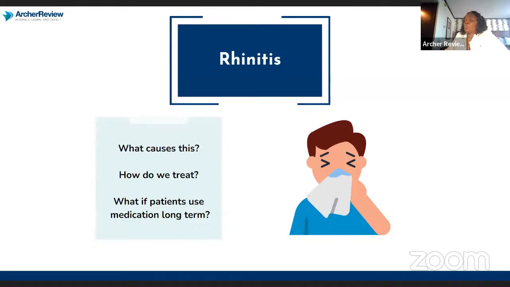If that doesn't work, we can move towards oral medications, still over the counter: decongestants like pseudoephedrine, and oral antihistamines, cetirizine, which is Zyrtec, and loratadine, which is Claritin. Sometimes patients like to use Benadryl, but Benadryl is not a long-acting antihistamine that you want to take over time. You could take cetirizine or Claritin for longer periods.